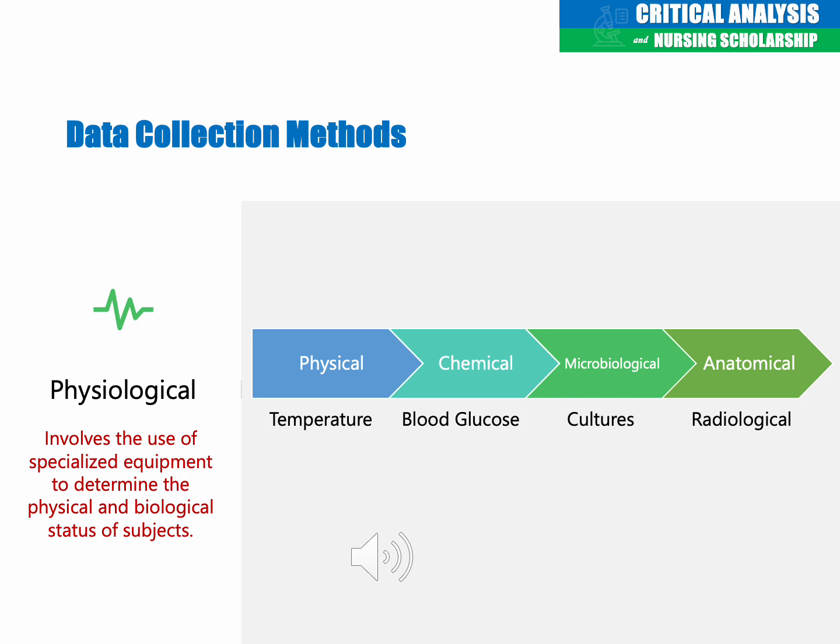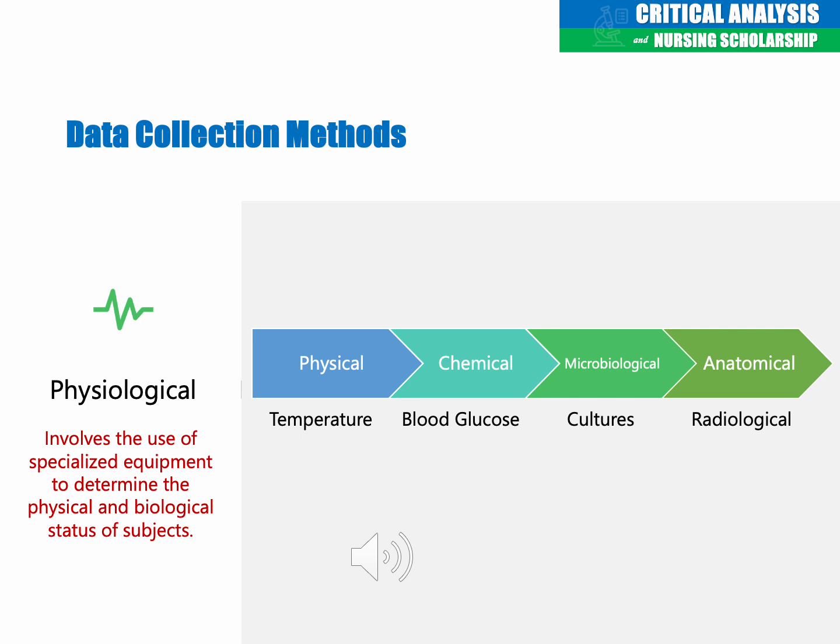These are objective measures of biological functioning, especially useful in studies that examine stress, pain, sleep, cardiovascular health, etc. And when we talk about physiological methods, it could be physical, for example, temperature. Your research involves temperature taking.